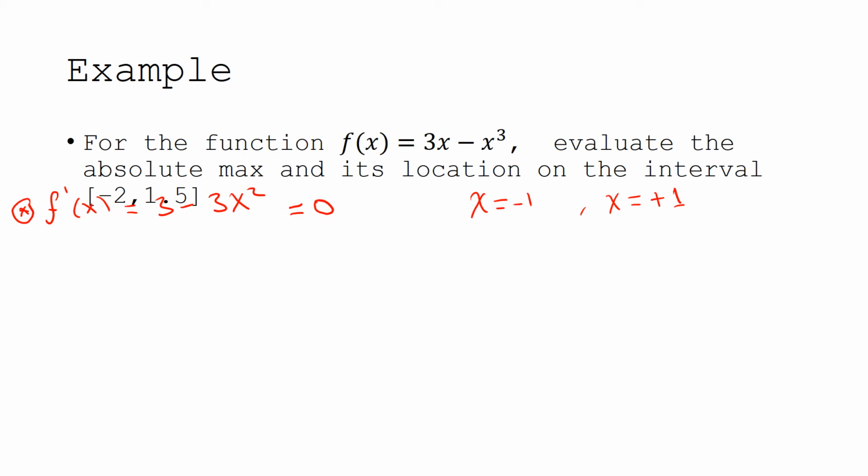So to verify which one corresponds to a maxima and which one corresponds to a minima, we compute the second derivative. So the second derivative here is equal to minus 6x. Now we compute the value of the second derivative at the first candidate, which gives us 6. 6 is greater than 0, so this is not a maximum.